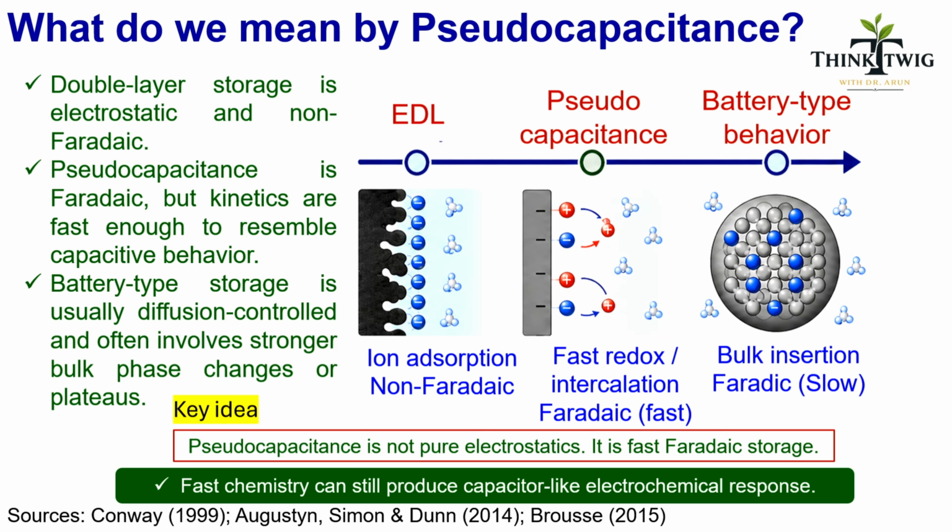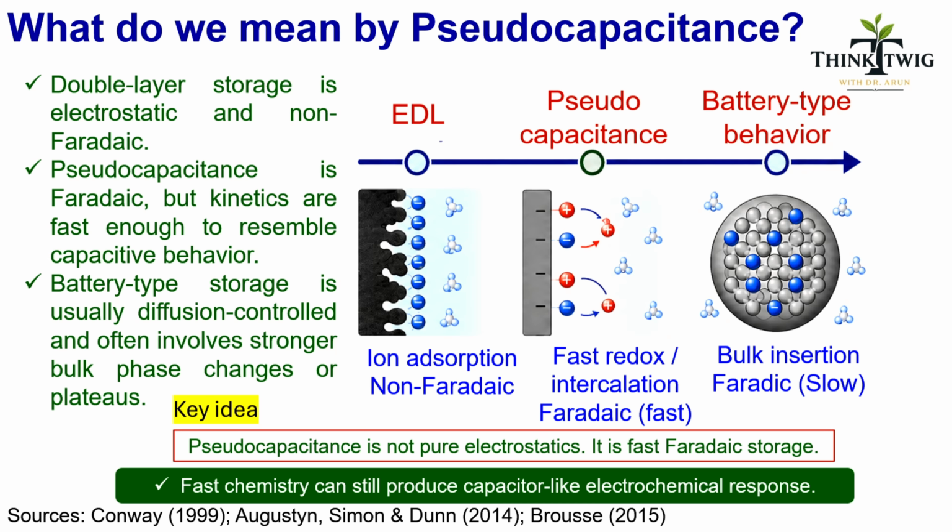In pseudocapacitance, a Faradaic process is definitely present. Electrons participate in the charge storage reactions. But here is the important part. The reaction is sufficiently fast that the electrochemical response can still remain strongly capacitor-like. So the chemistry is real, but the kinetics are fast.